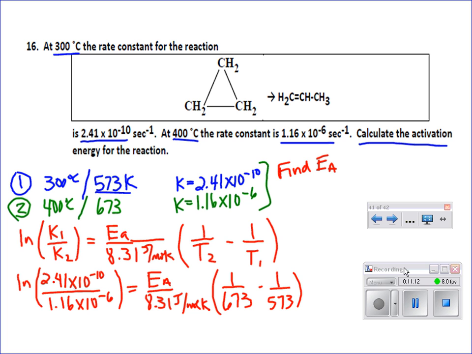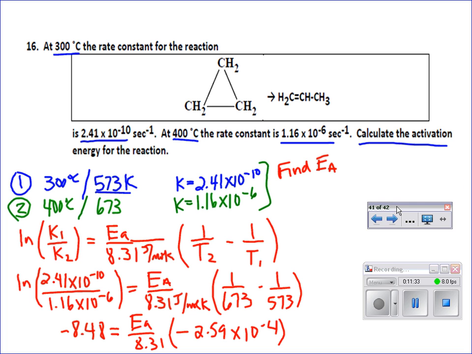Okay, when I do this math here, I end up with negative 8.48 for the natural log quotient is E of A over 8.31 times, and when I do my little fractions there, I get negative 2.59 times 10 to the negative 4th.